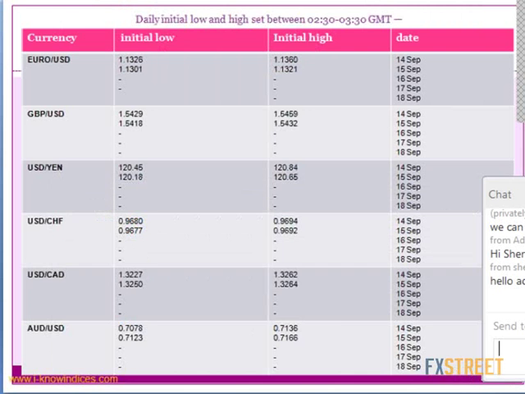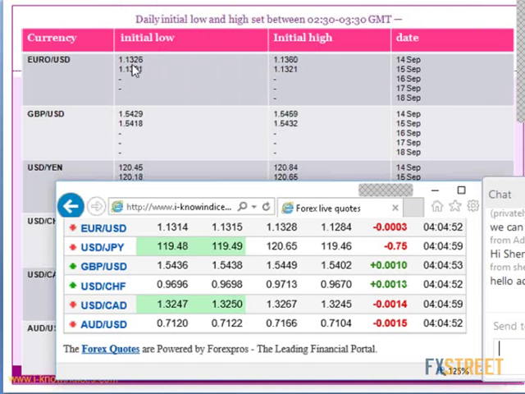Okay. Now I'll take the live market page and compare it with the initial lows and the highs they set. Now the current level in the case of Euro is 1.1314 and the initial low was 1.1301.